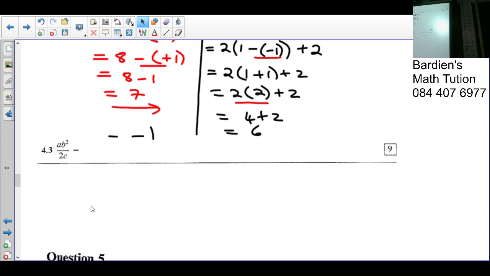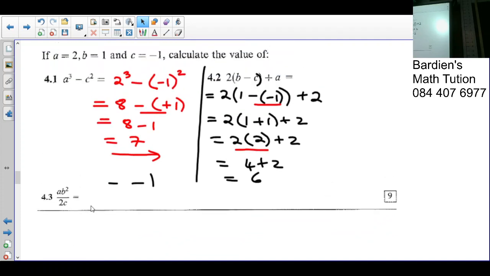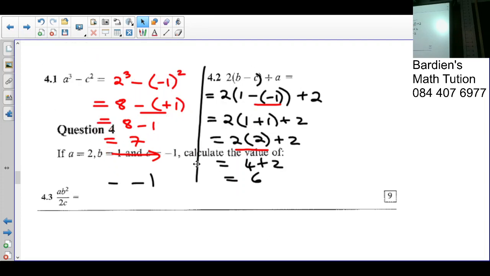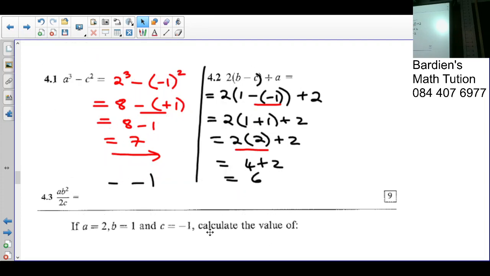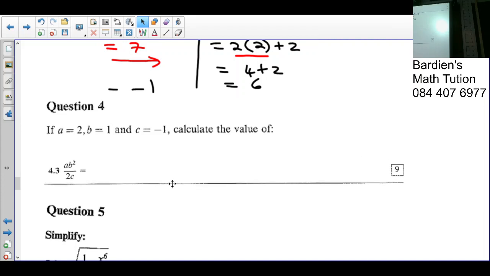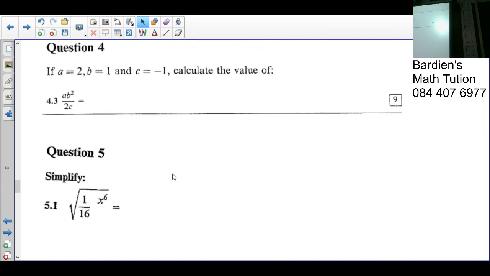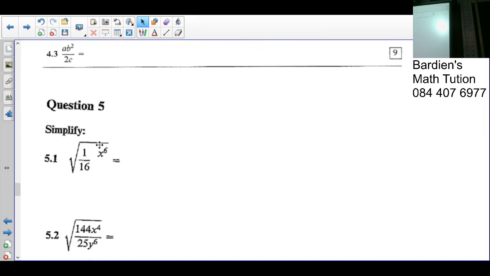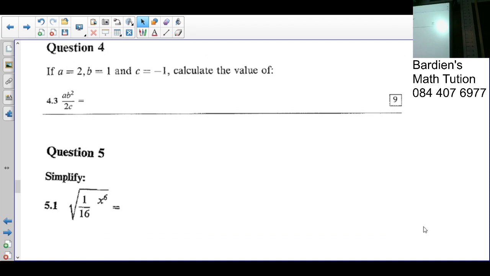And question 4.3, let's pull this down. We got AB squared over 2C.